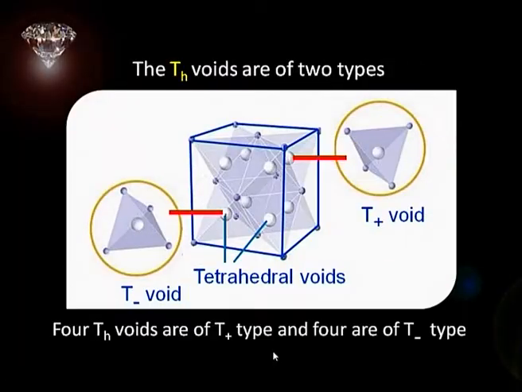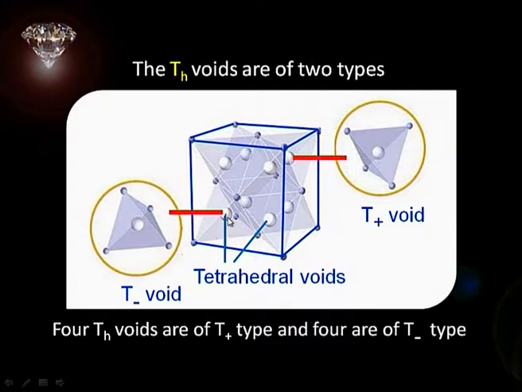If you look a little closely, we find that the tetrahedral voids are of 2 types. Let us understand that. The tetrahedral void of the type shown right here is called a T minus void. Why is it T minus? Let us understand. I have been telling that this is my A layer, this is the B layer, this is my C layer, this is another A layer here.